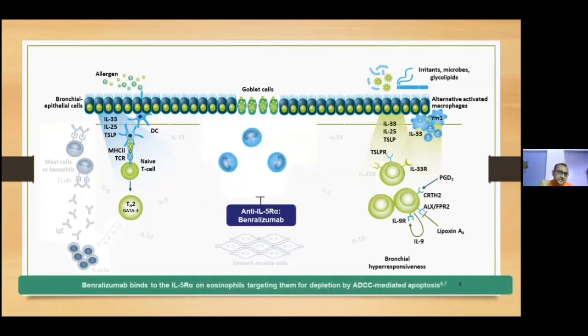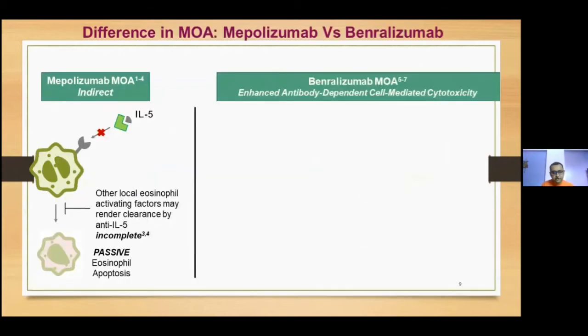And what does the anti-IL-5 receptor alpha do, that is benralizumab. So benralizumab is not only blocking IL-5, it also increases antibody dependent cytotoxicity. So they kill the eosinophils.